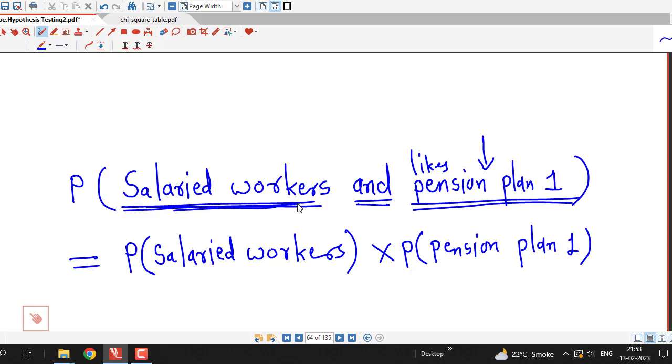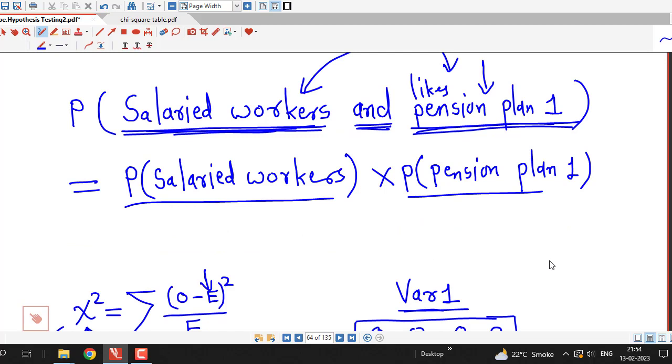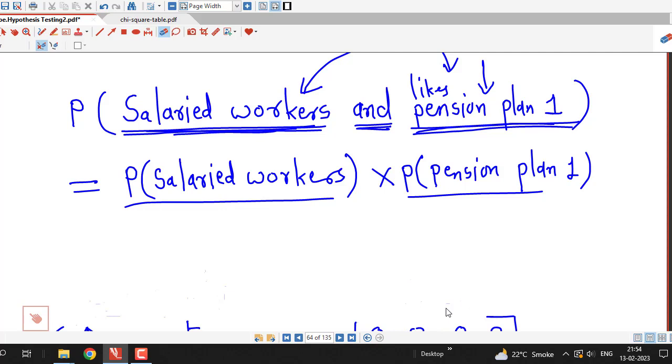Because we assume that the null hypothesis is correct, that means there is independence between job classification and pension plans. So using that null hypothesis assumption, we can write down the probability of this intersection of these two events equal to the product of their probabilities. Now what is the probability that the worker is a salaried worker?